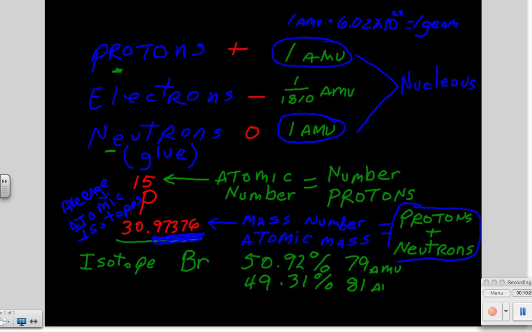Now some elements have more isotopes than that. Some of them have a whole lot more. But bromine has these. How do I figure out what bromine's weighted atomic mass is? Well, I use this formula.